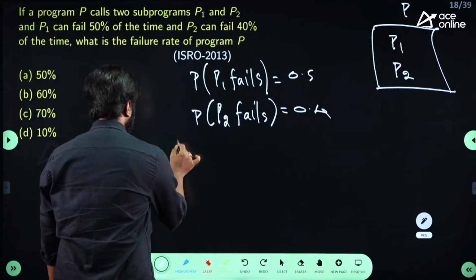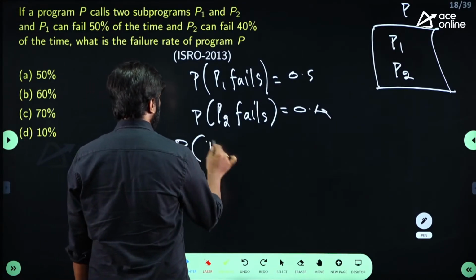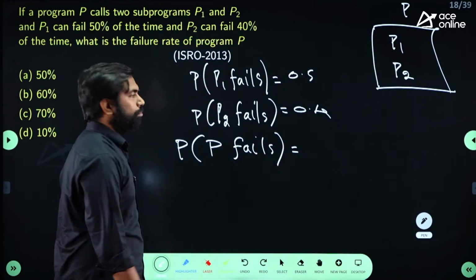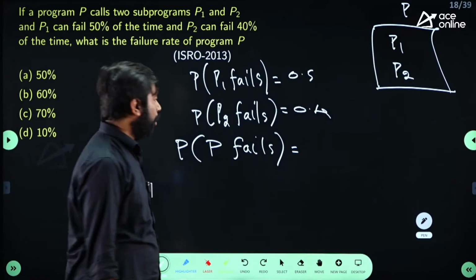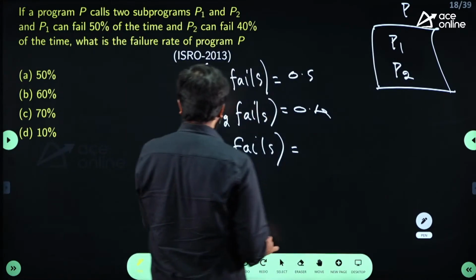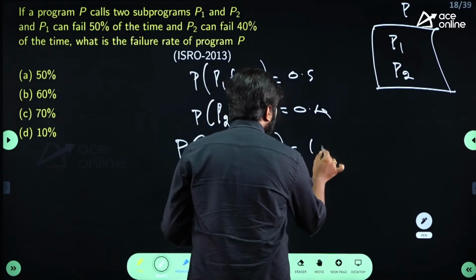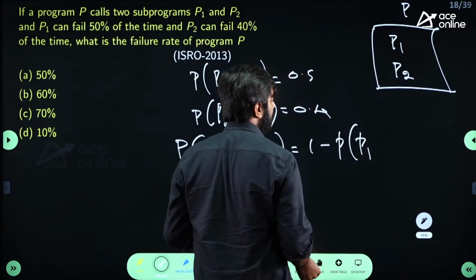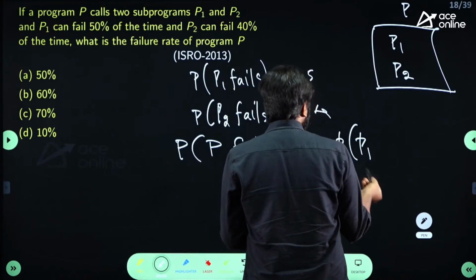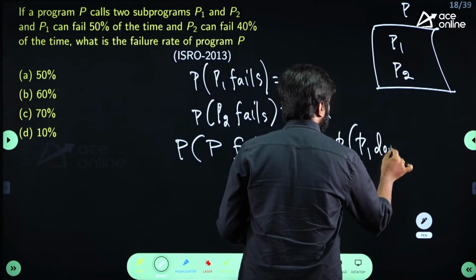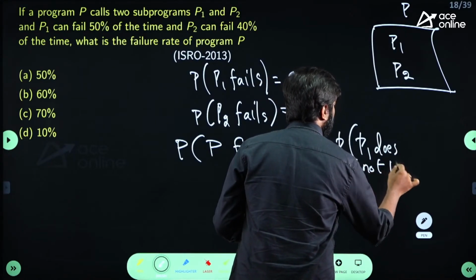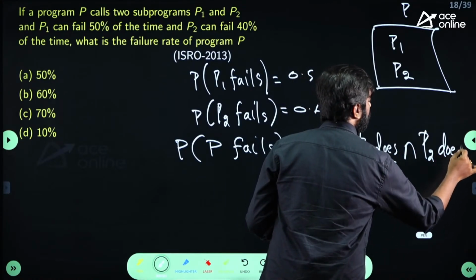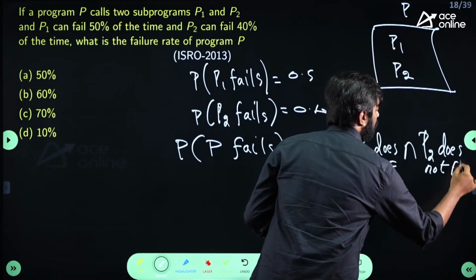So how do you find this? I want the probability of P failing. What you can do is use the complement rule. According to the complement rule, if you want P to fail, you can say 1 minus the probability that P1 does not fail, intersection with P2 also does not fail.